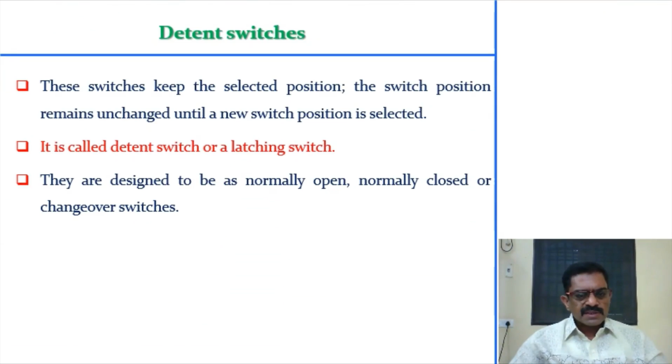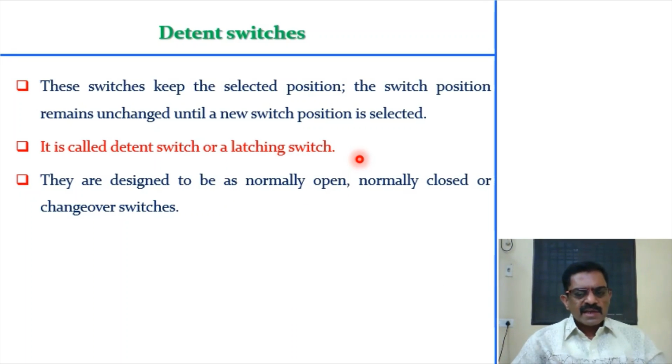Detent switches keep the selected position. The switch position remains unchanged until a new switch position is selected. Until you disturb it, it will not change its position. It is called a detent switch or latching switch. So what is a latching switch? What is a latch?